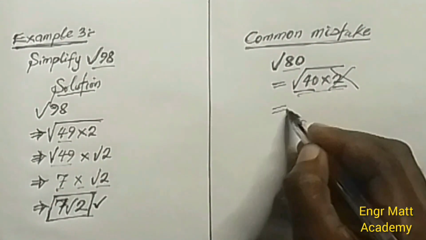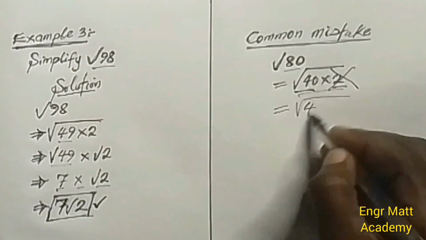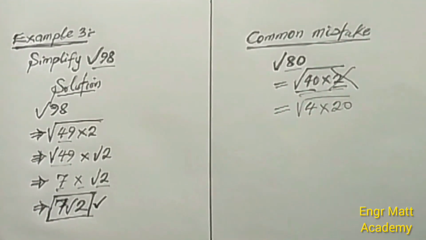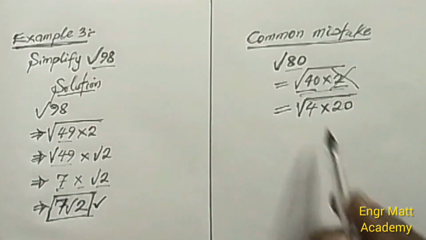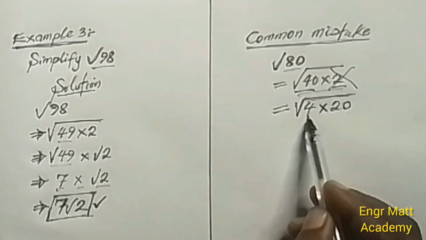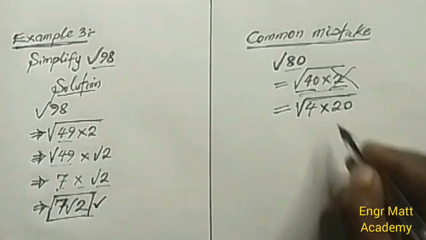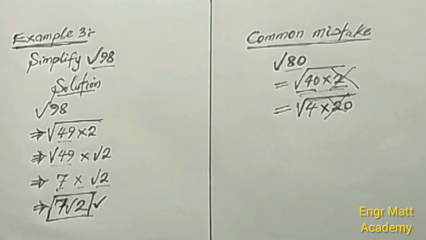Some students will also say root 80 is equal to root 4 times 20. It is true that 4 times 20 will give us 80, and it is also true that 4 is a perfect square. But is 4 the highest perfect square? No. So this one is also wrong.